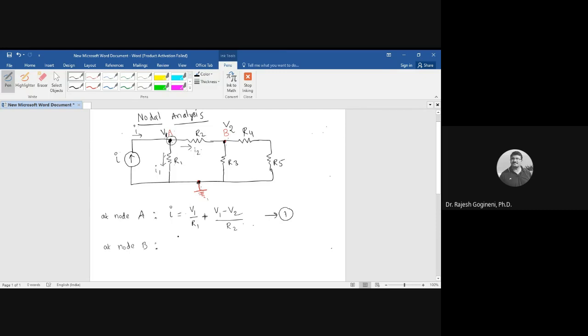At node B. Okay, at node B. Write the KCL at node B. Tell me what is the KCL at node B. Assume the current.